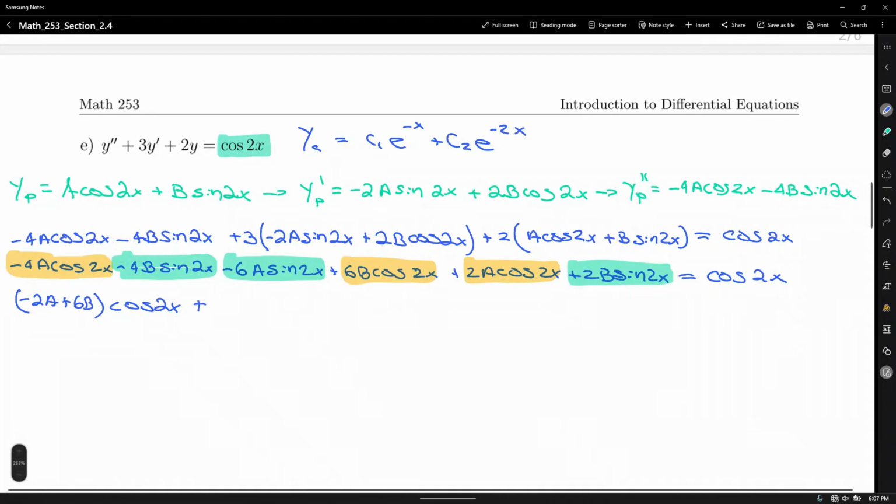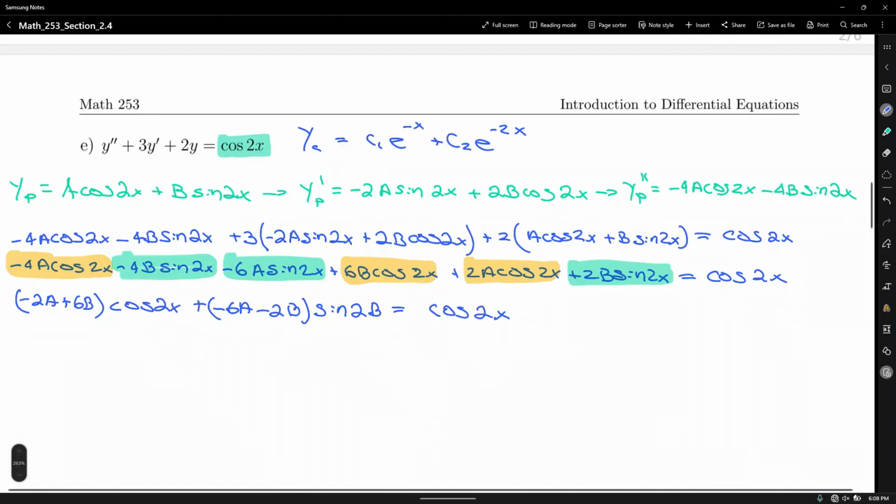And for the sine function, negative 4b plus 2b, that's minus 2b, minus 6a, times sine 2x. Okay, and let that be equal to cosine 2x.